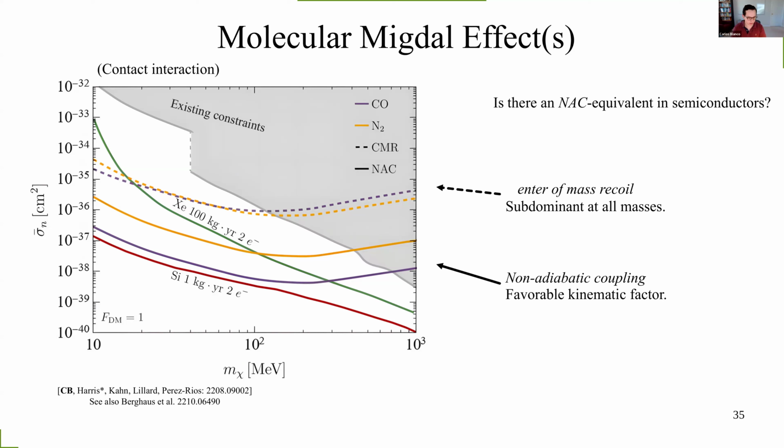You can show that this comes purely from effects beyond the Born-Oppenheimer approximation, and that's great because it allows us to think about this slightly differently than the way we think about the Migdal effect in atoms like xenon. Okay, so this is maybe a good place to end, because it tells you about the orthogonal channel. So I'll probably just take questions here.